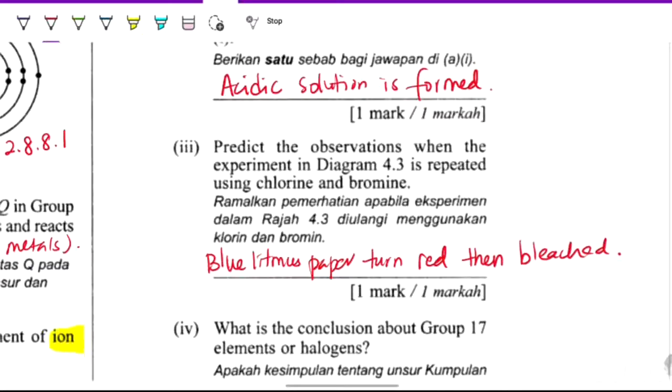Why? Because hypochlorous acid and hypobromous acid have bleaching ability. Meanwhile, for iodine, it doesn't have the bleaching ability.